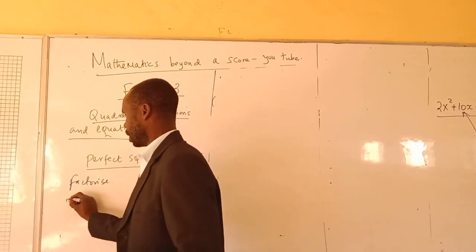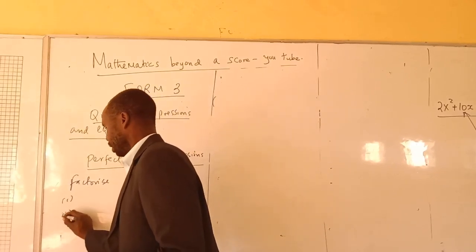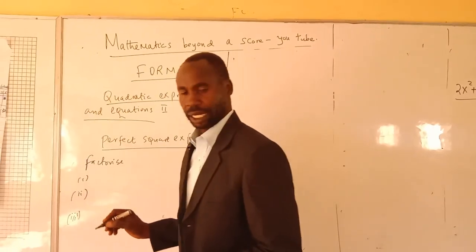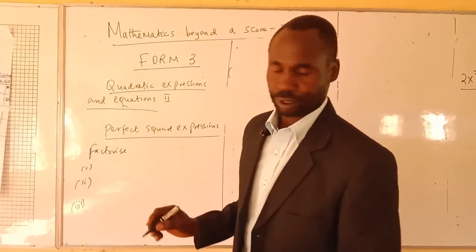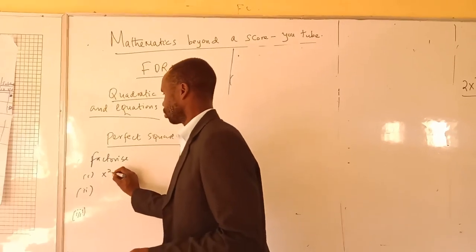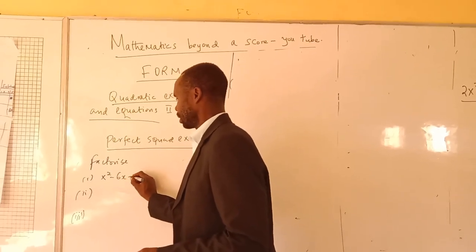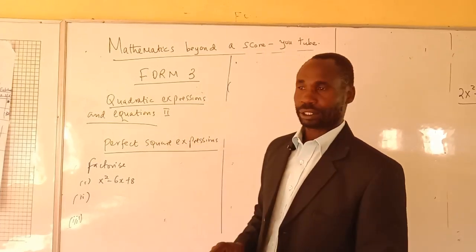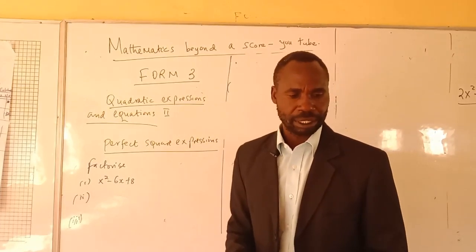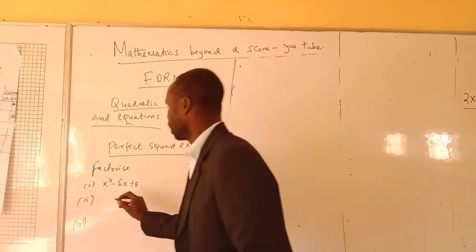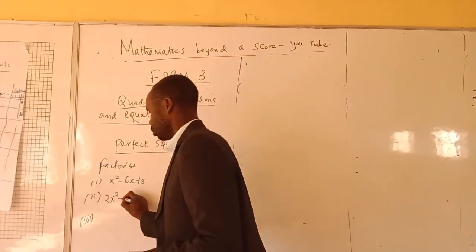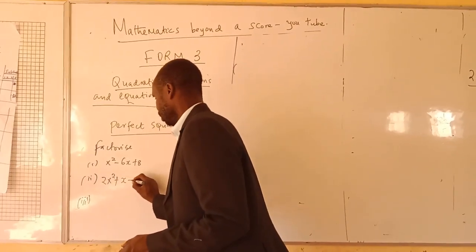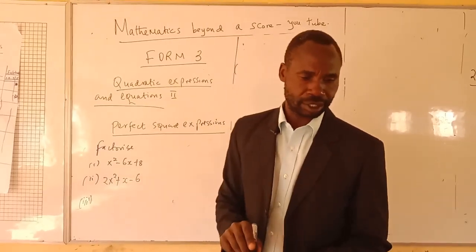Factorize number 1, number 2, number 3, very fast, my students, because you are experts now. I taught you in form 2. We have x² - 6x + 8. I also want to factorize 2x² + x - 6.